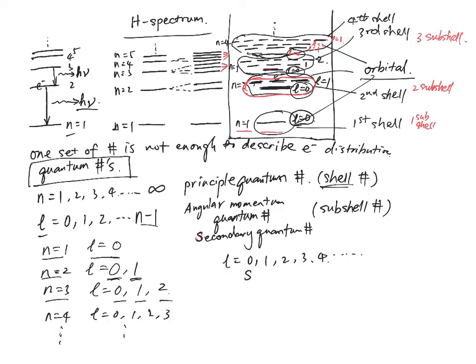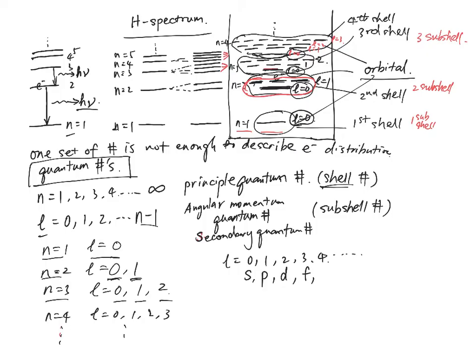And then if L equals 1, which is the 3-split subshell in each of the shells, we call it p orbital. Then L equal to 2, we call it the d orbital. L equal to 3, we call it f orbital.